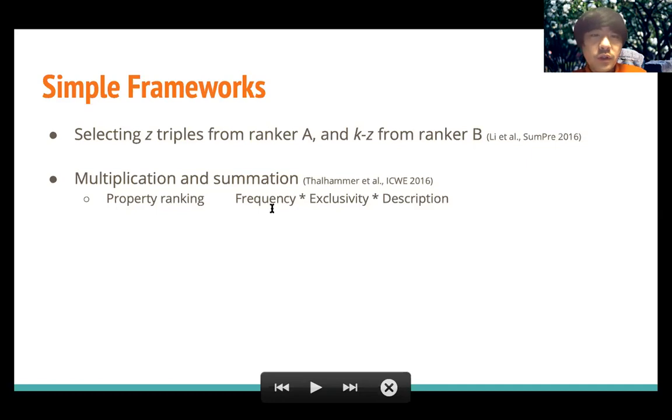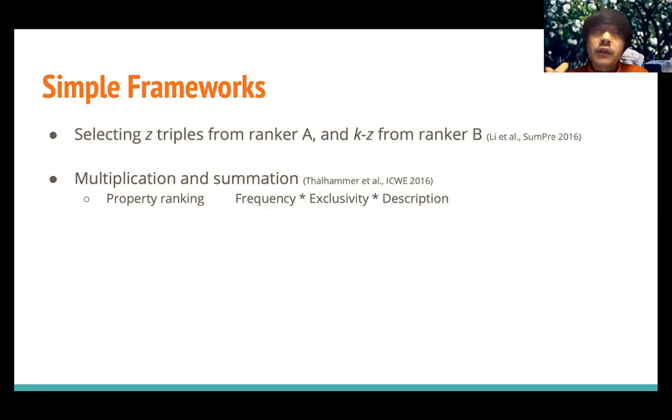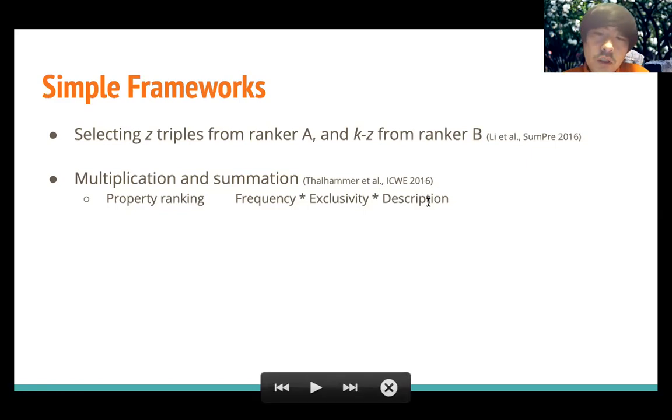First is the frequency of the property. The second is the exclusivity of the property. Exclusivity basically means that it is inverse to the local frequency of a property. I mean, if a property is locally frequent, it has a lot of values for the same entity, then this property is not very exclusive.